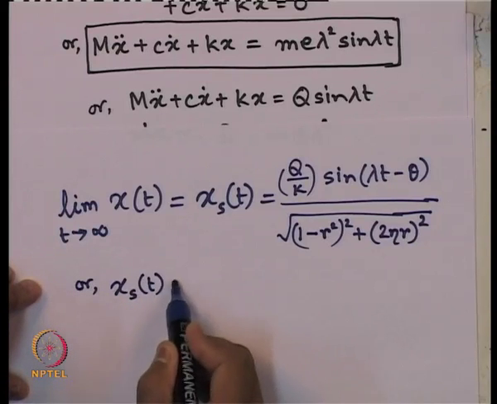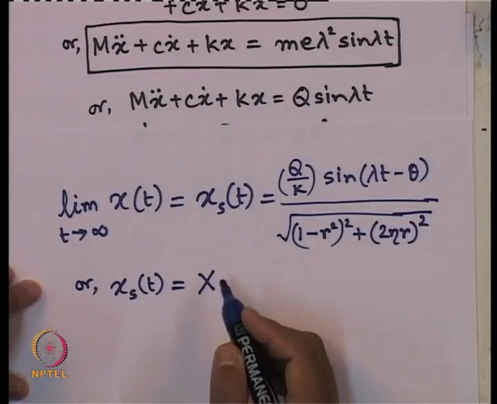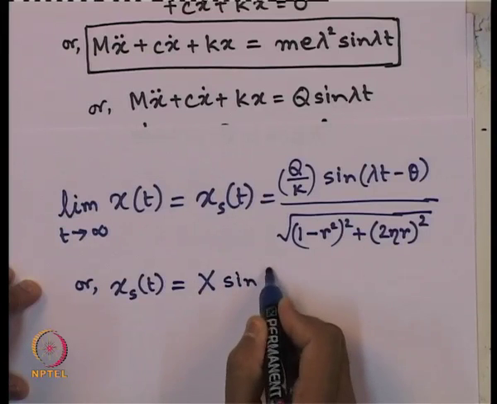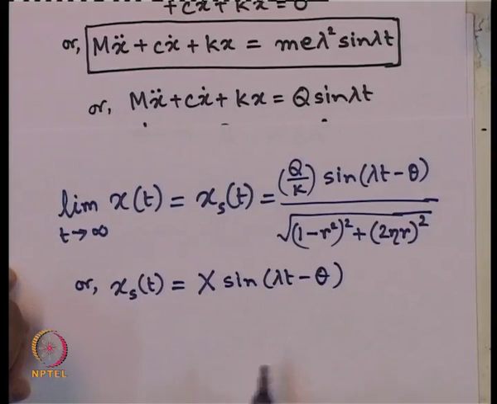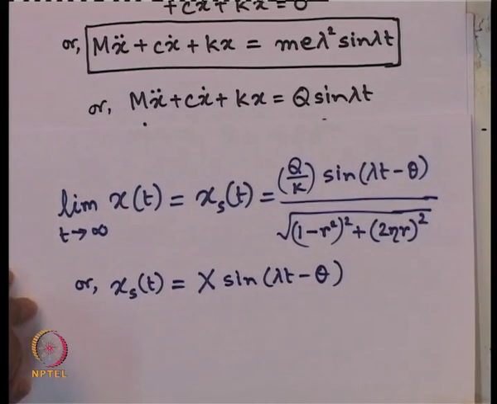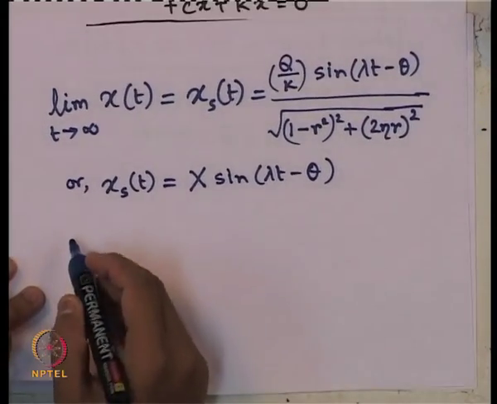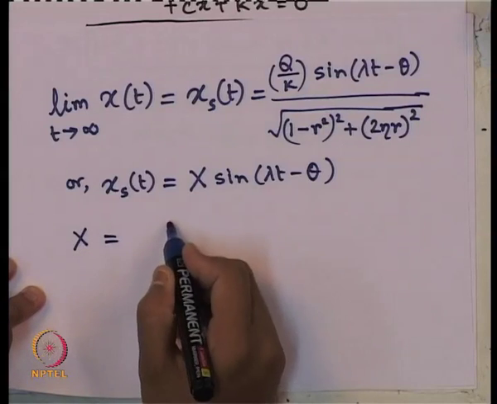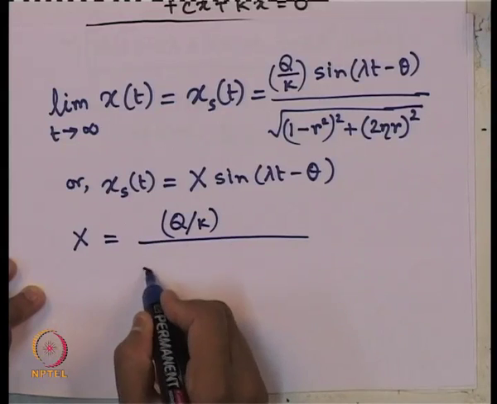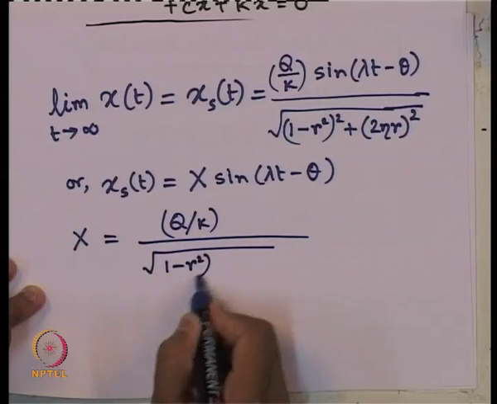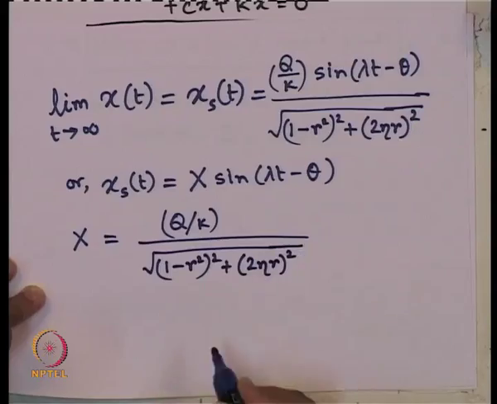So, that is our x of t, which we can rewrite or simplify further like this: x s t, the steady state response, is X sin of lambda t minus theta. What we did earlier also, the same thing we are doing here, where this capital X is nothing but q by k by root over 1 minus r square whole square plus 2 eta r whole square.